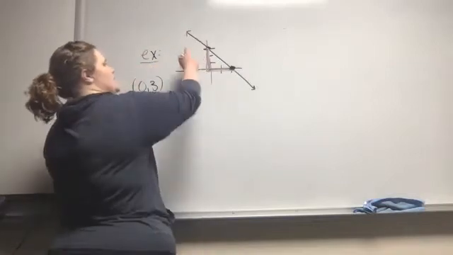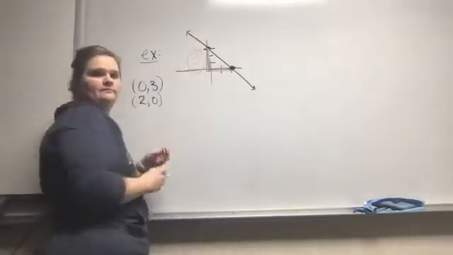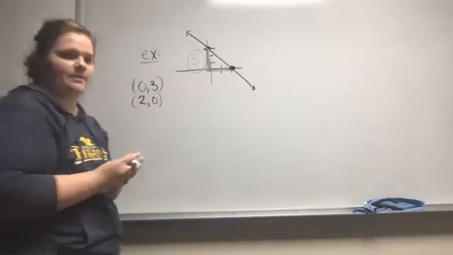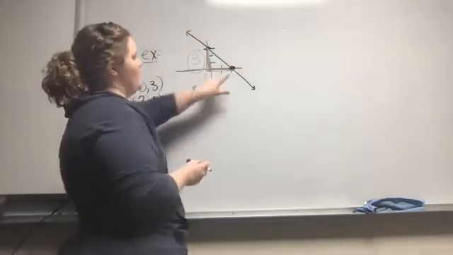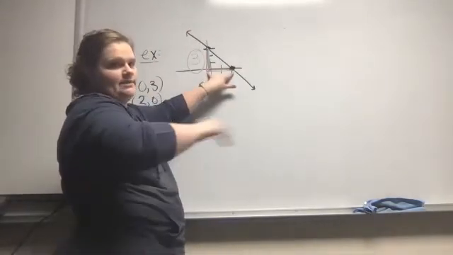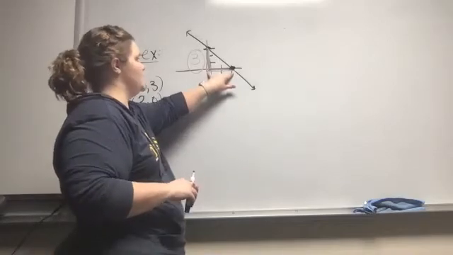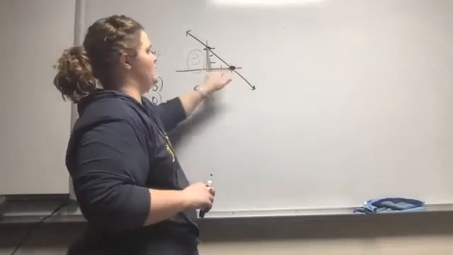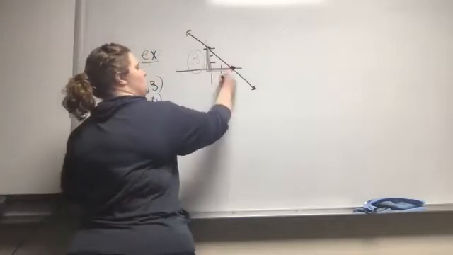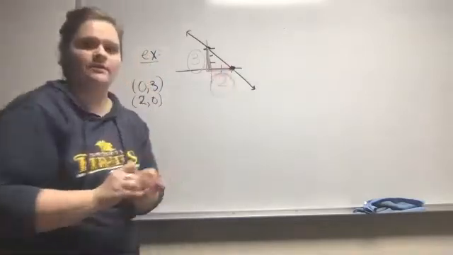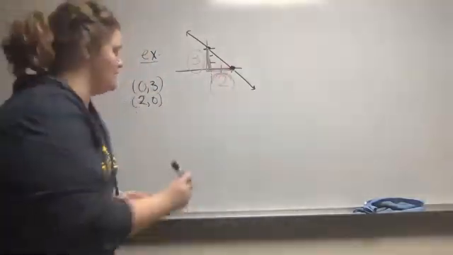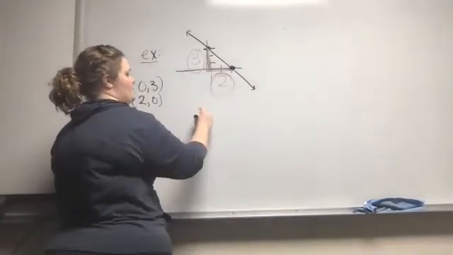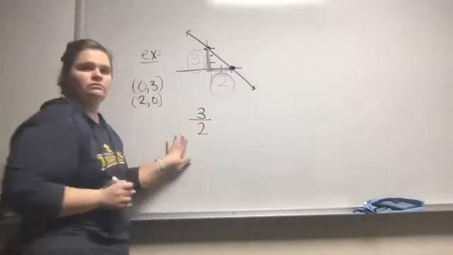So my rise is 3. Okay, and I use purple. I know you can't see it as well. And my run from here to here, running is horizontal. How many blocks are in between there? 1, 2. So that's 2. Okay, so now I'm going to put that in rise over run. So I have 3 over 2.